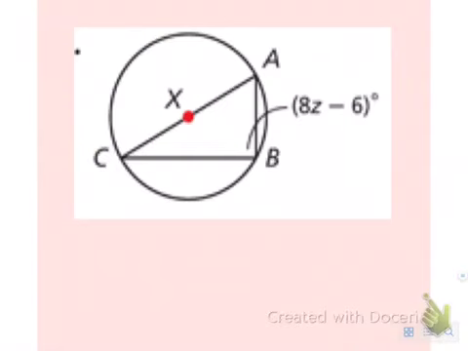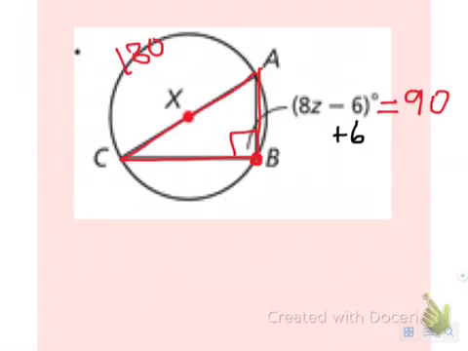Here's another example. I've got my inscribed angle. I know it's inscribed because this vertex is on the circle. It forms a semicircle because this is the diameter. So this is 180 degrees. And half of 180 degrees is 90 degrees. So to solve this one, I'm going to set the angle equal to 90 because it's a right angle. I'm going to solve it. I'm going to get z by itself. So now I need to isolate the z. So I'm going to add 6 to get rid of the subtract 6.